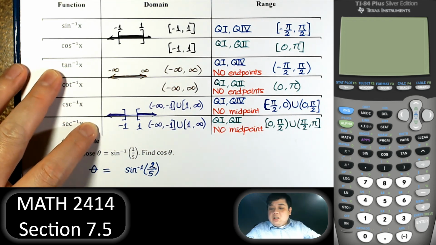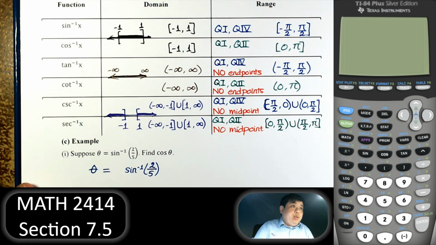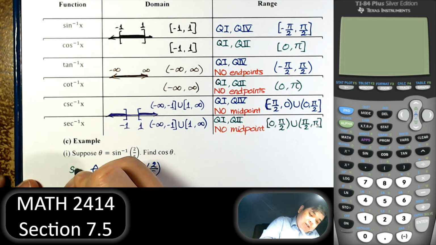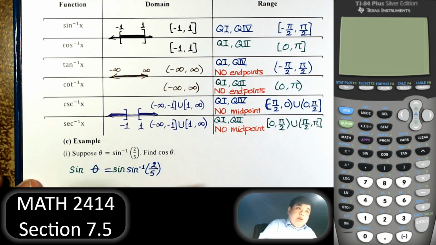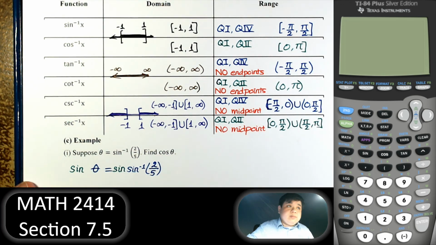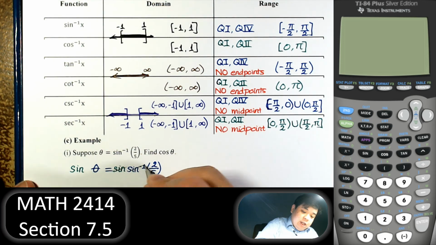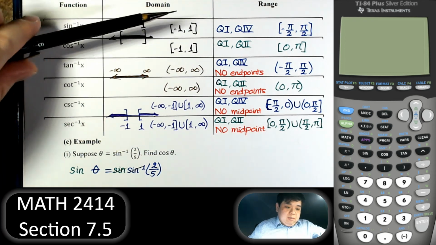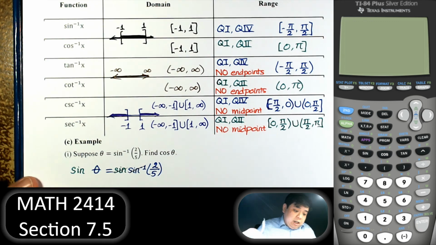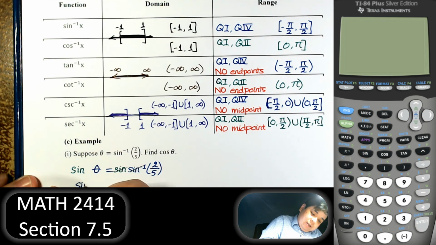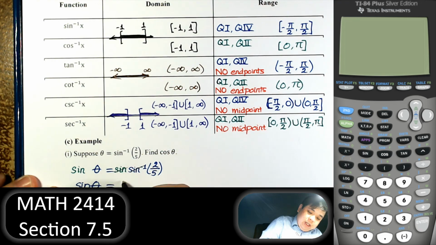Right. First thing, we know that the function and the function inverse cancel each other out if it is in the right interval. So when we do that, we have sine of theta equal to 2/5.